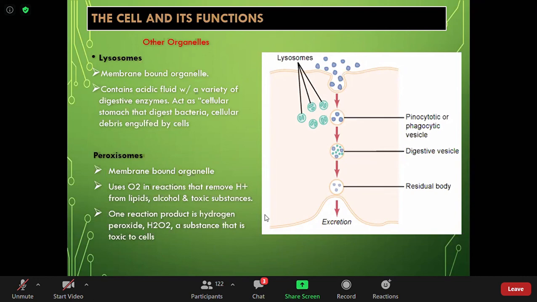They act as cellular stomach that digest bacteria, cellular debris, or engulfed cells or viruses. No? Peroxisomes also are membrane-bound organelles. They use oxygen in a reaction that removes hydrogen from the lipids, alcohol, and toxic substances. One reaction product is hydrogen peroxide, a substance that is toxic to cells.